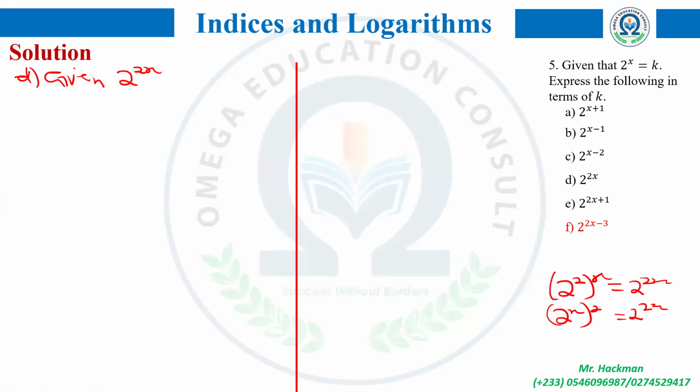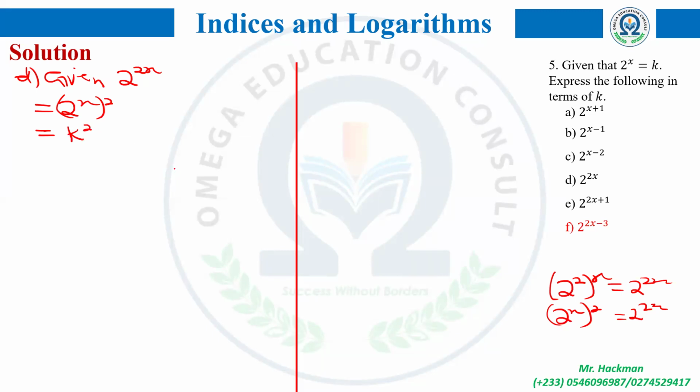Okay, so in effect, I'm going to write this one as 2 to the power x, all squared. Is that clear? However, we know that 2 to the power x, we were told, is what? K. So we are going to get k, then squared.